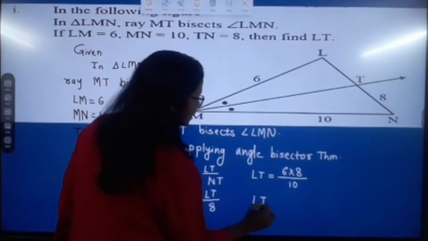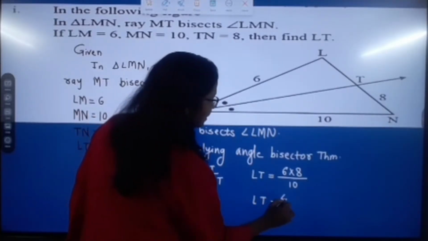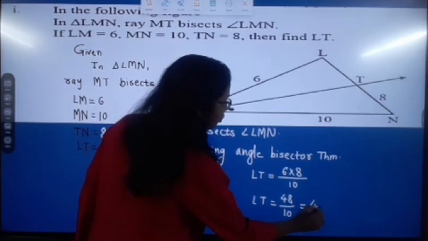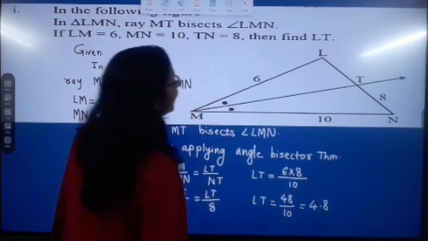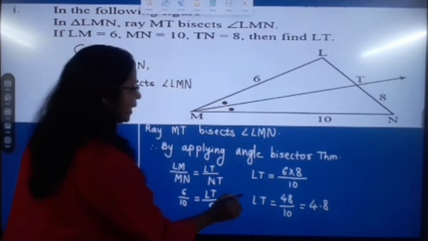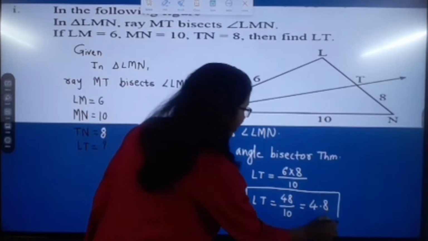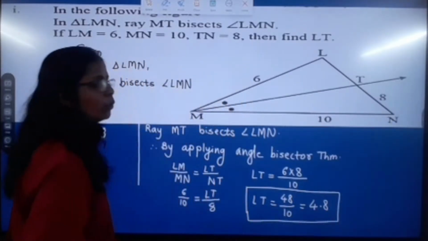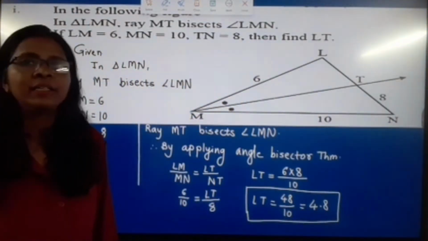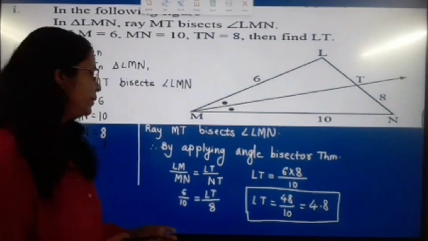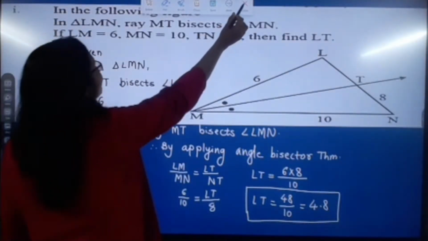Okay. So LT is equal to 48 upon 10, and that means here, students, 4.8. And then 4.8, only write down 4.8, do not write units. So here LT is equal to 4.8. That is our final answer. Okay, students. Then next example.